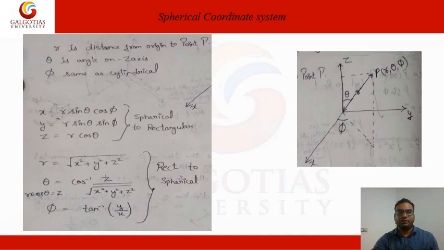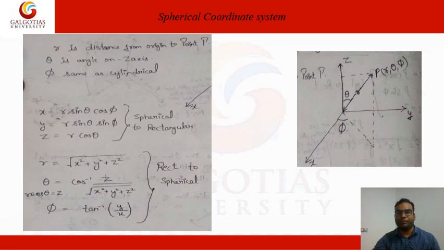So now let's come to the topic spherical coordinate system. On the right side there is a figure which shows the coordinates of spherical: r, theta and phi. R is the distance from the point to the origin, theta is the angle between the z axis and r, and phi is the same as in the cylindrical coordinate system.